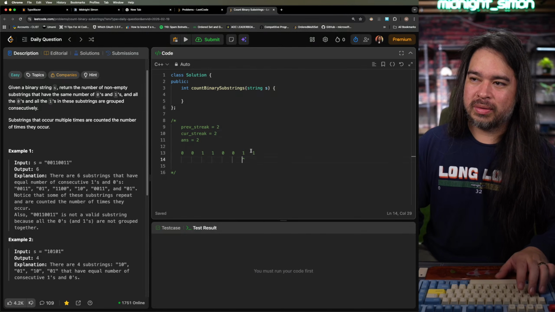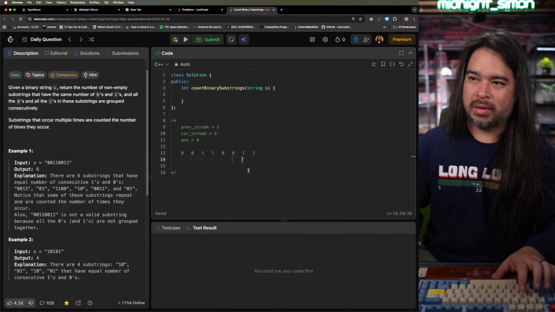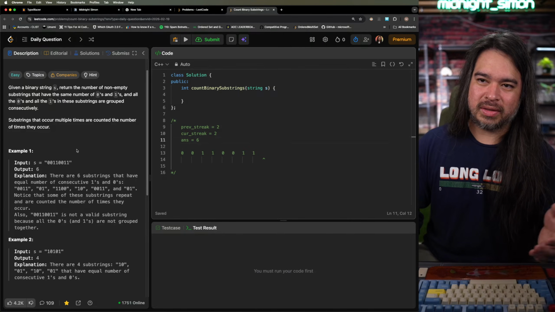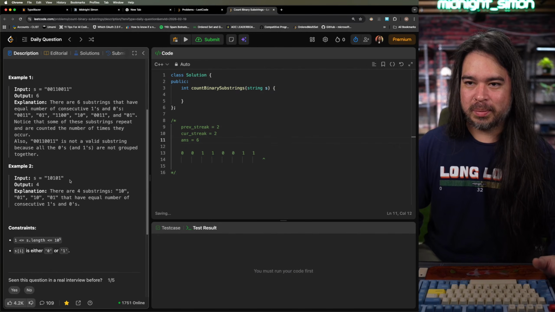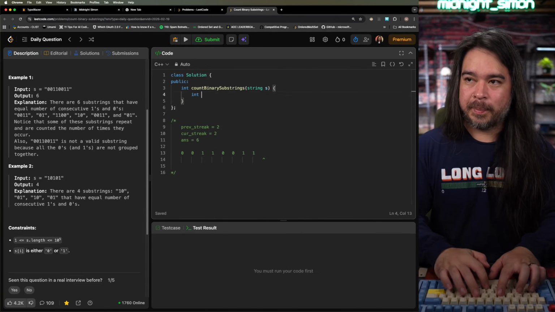Current 2, streak is broken. We add the minimum, and then we start over, and then one more time at the end, so that will give us 6. That's how I think we can solve the problem. Let me see, 1, 2, 3, 4. I'll try and implement that.